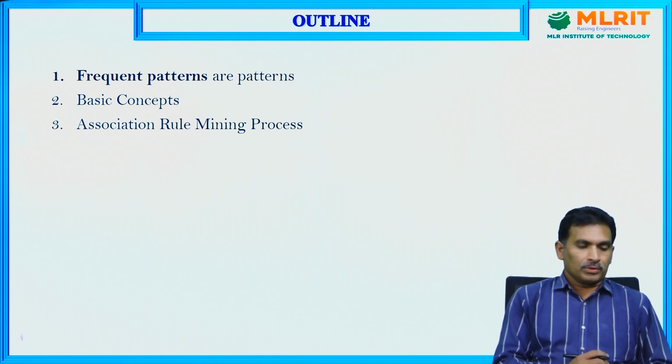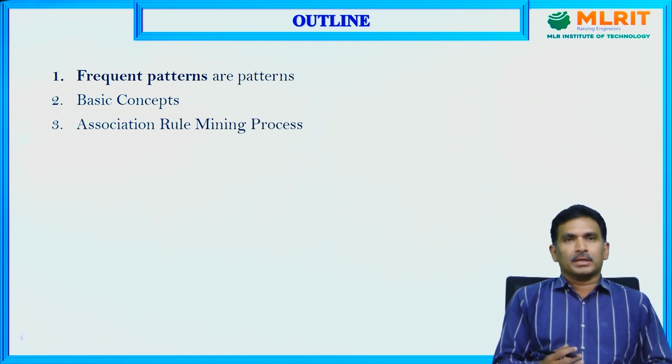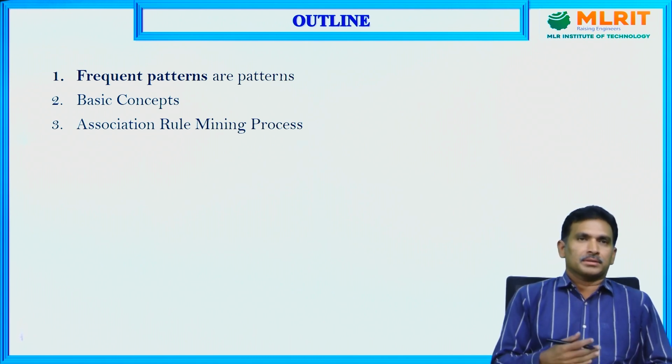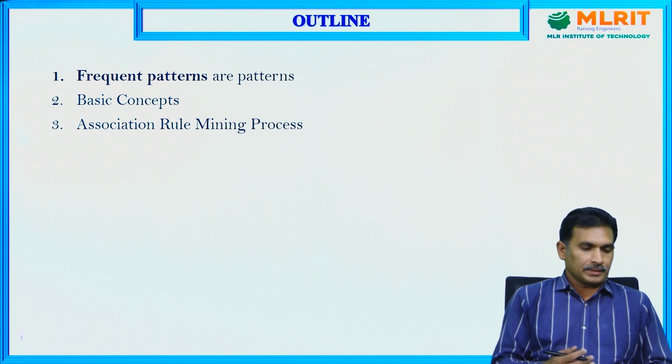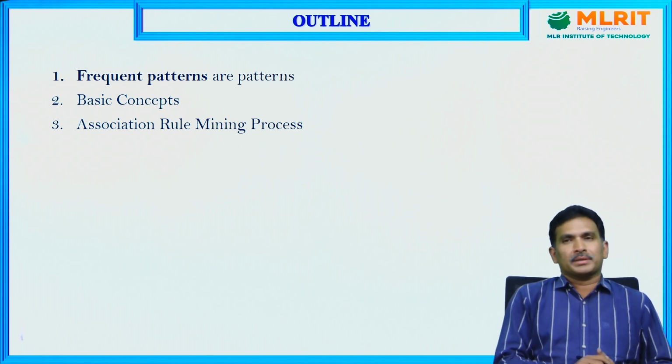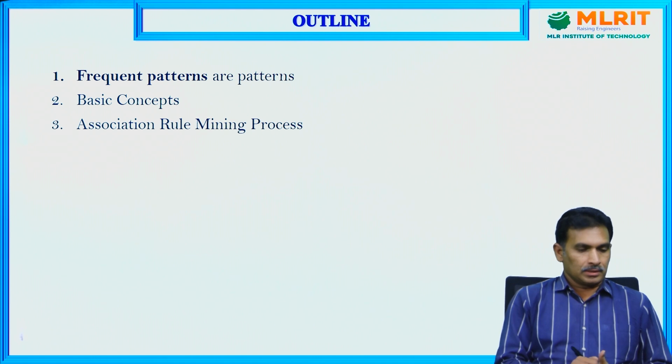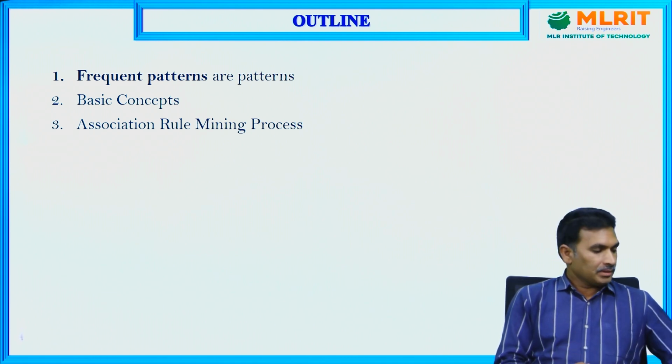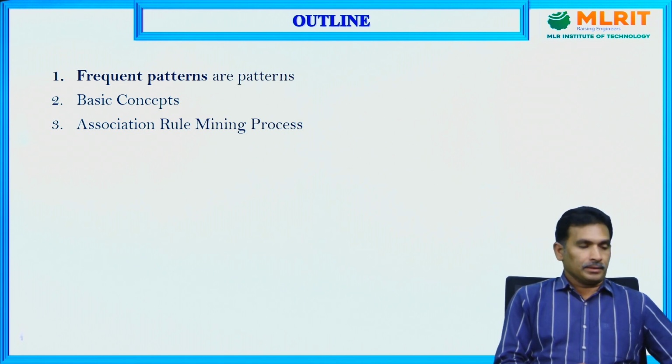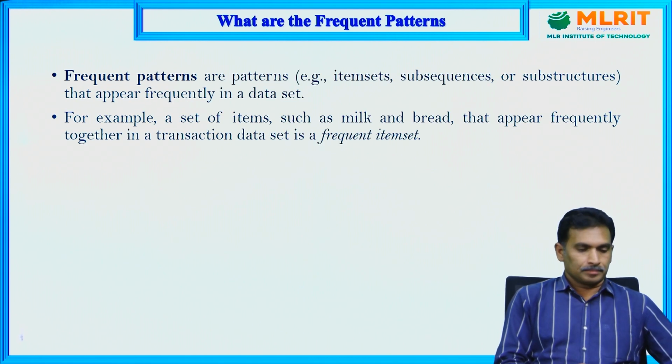Here we are going to see the different frequent patterns, like frequent substructures, frequent sequences, etc. We will quickly recap the basic concepts we discussed, which I explained in detail in the previous lecture. And next, the association rule mining process.